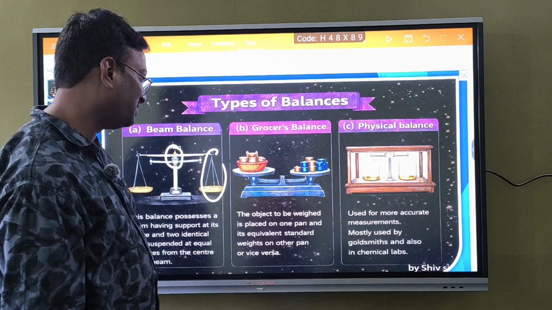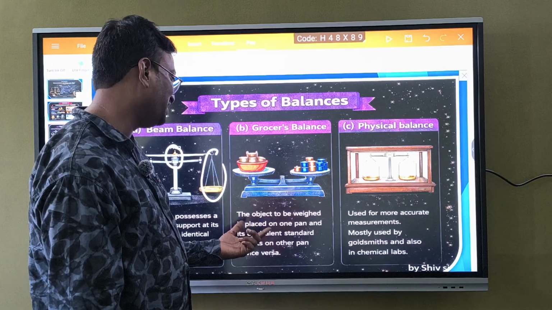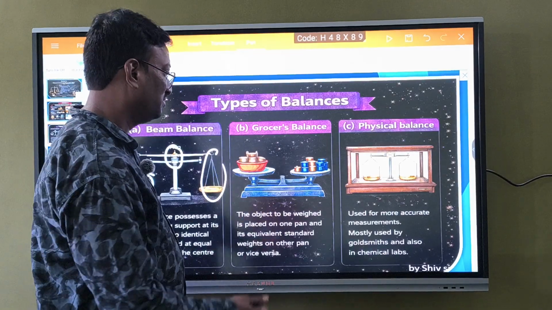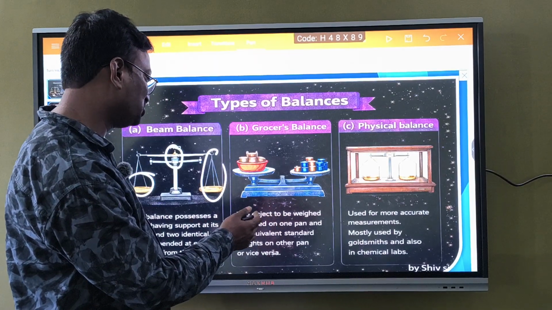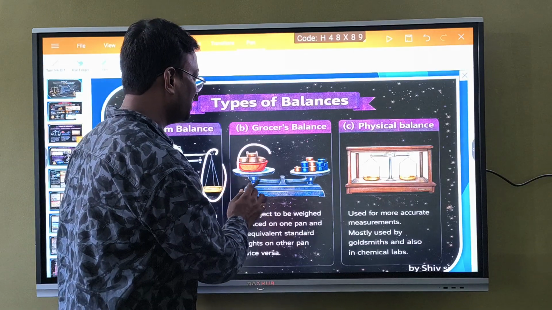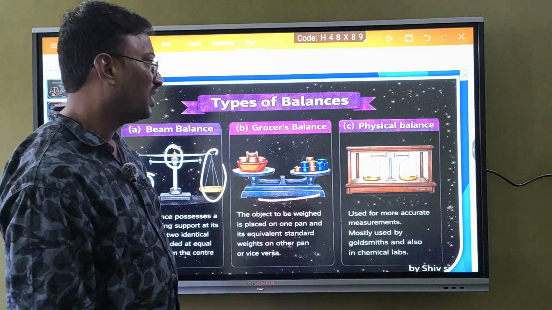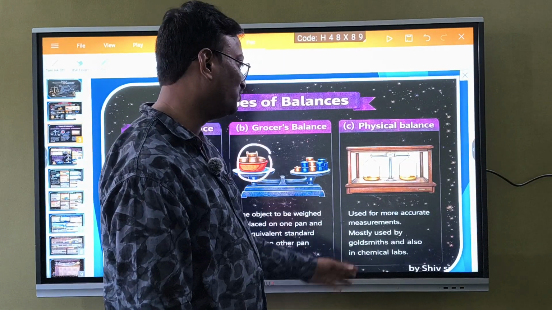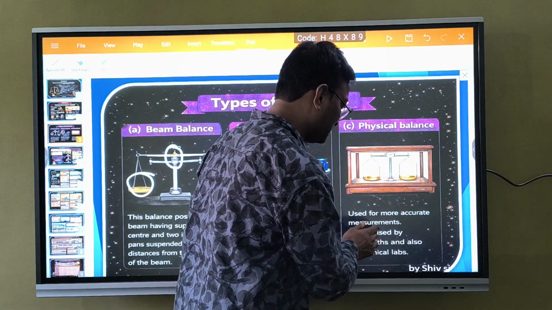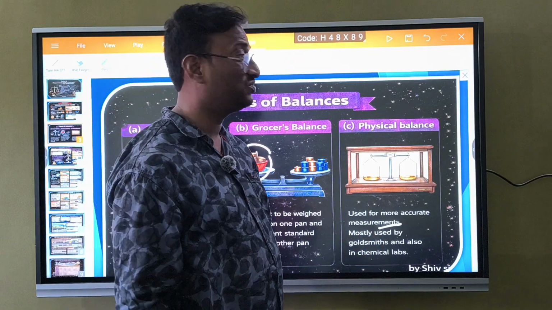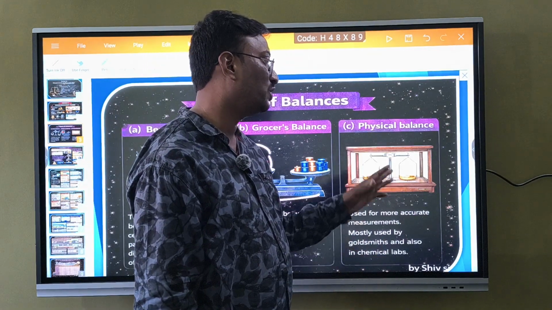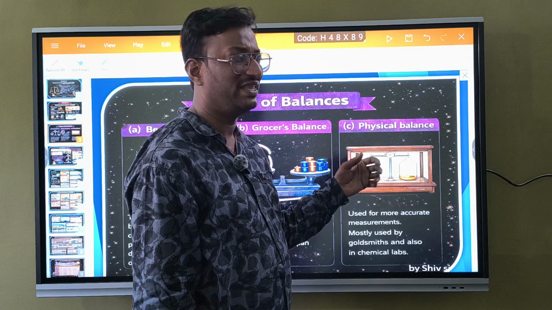Next, grocer balance. The object to be weighed is placed on one pan and its equivalent standard weight is placed on the other. Generally the vegetable vendors will have this kind of pan. Next, physical balance. This is used for more accurate measurements. Even now we have digital balance, so we are not going to use this kind of physical balance, and this is a lengthy process.